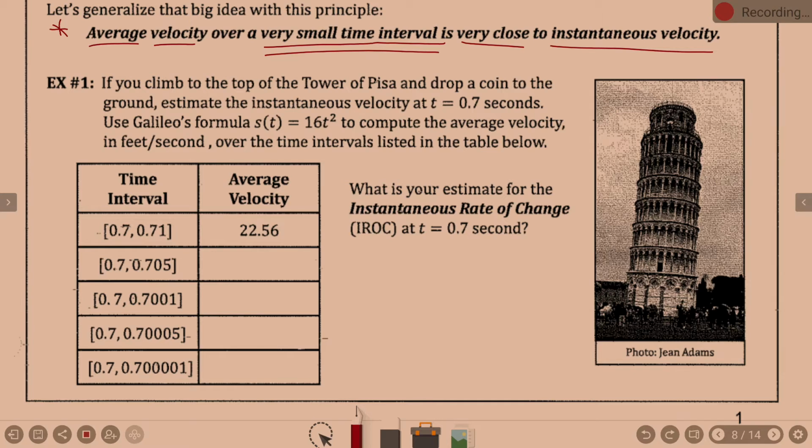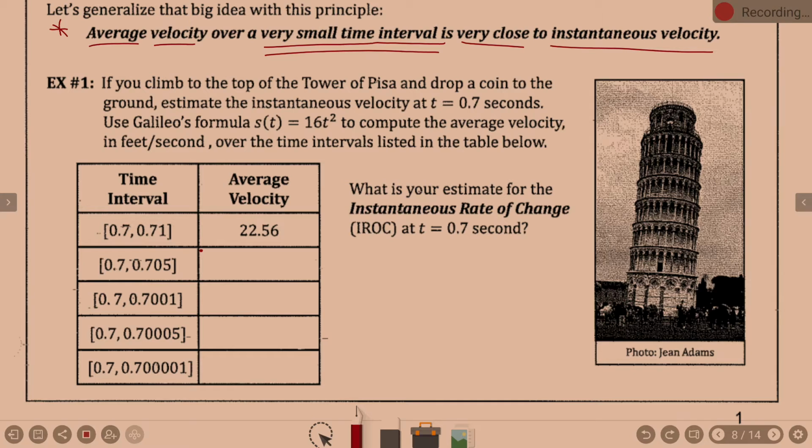I somewhat agree with you, but I'm not sure you're 100% there, if that makes any sense. You have to plug into the 16t squared. What do we plug into 16t squared? 0.7. Well, now, okay, 0.7. Are you guys looking that this is the first box we're going to fill in here? No. I'm not 100% sure everyone is.